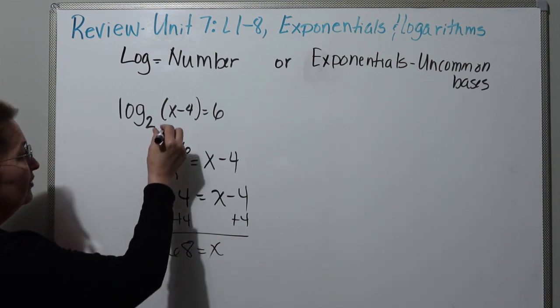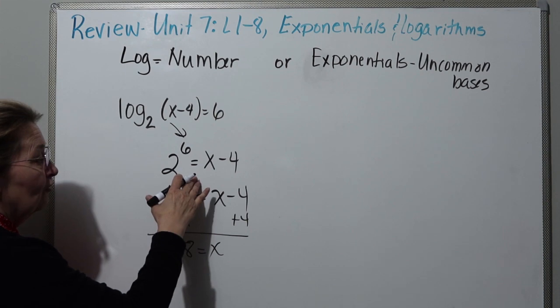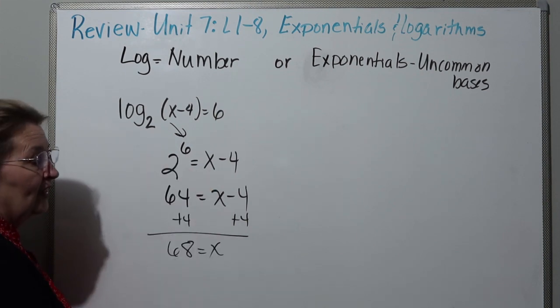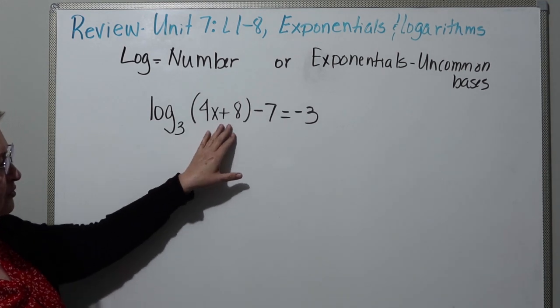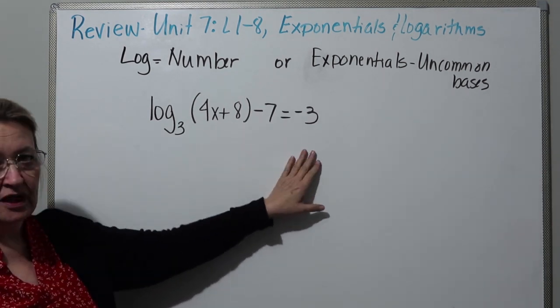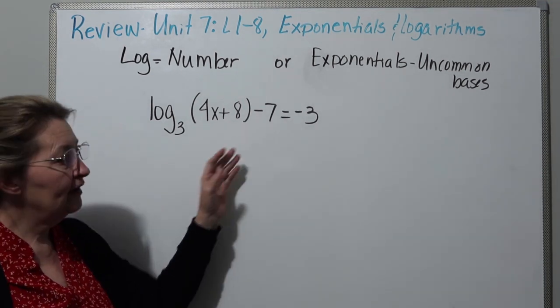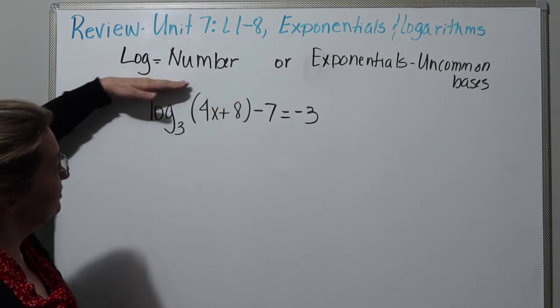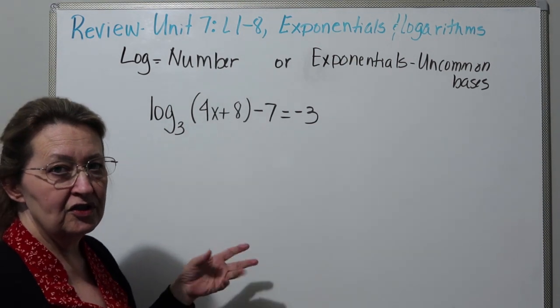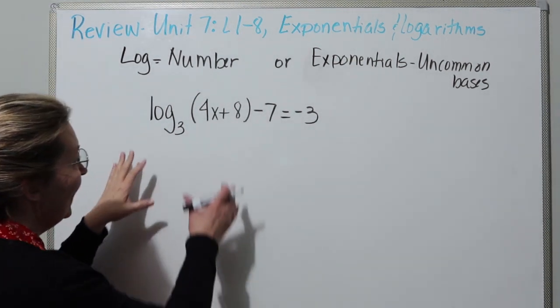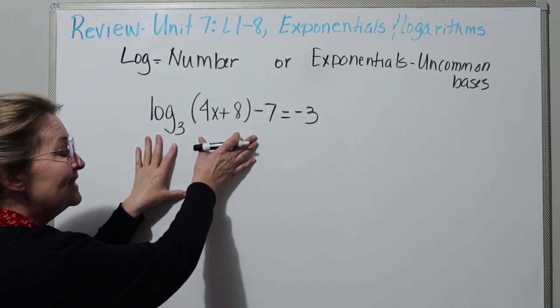So the hard part of this was converting from log to exponential, and that just used the rule. This problem I had log base 3 of 4x plus 8 minus 7 equals negative 3. I've got a log on the left and a number on the right, so this is a log equals number. Now before I can convert this to exponential form, I have to get this condensed.